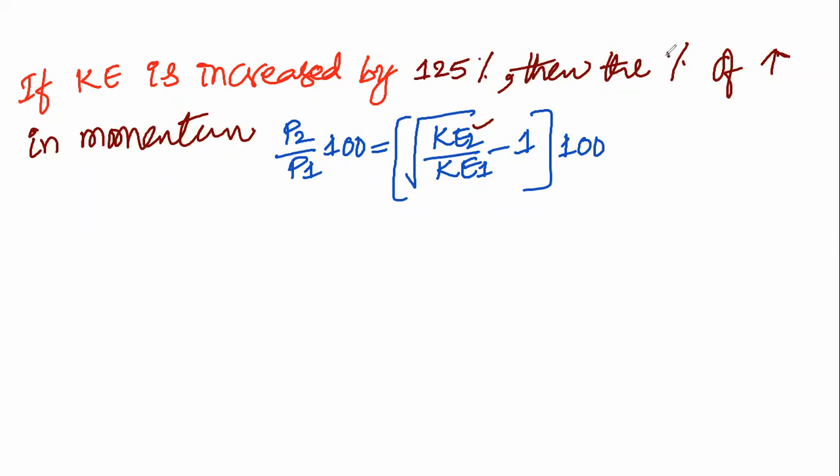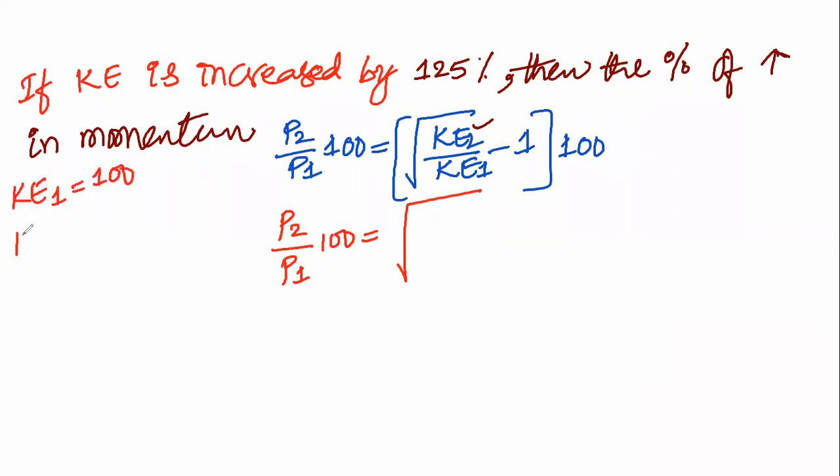then the percentage of increase in momentum is P2 divided by P1 into 100 is equal to square root of KE2 by KE1. KE1 is taken as cent percent, and KE2 is 100 plus 125, it is 225.